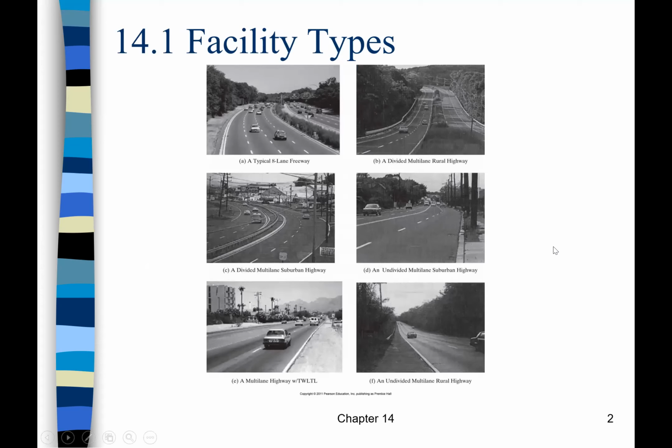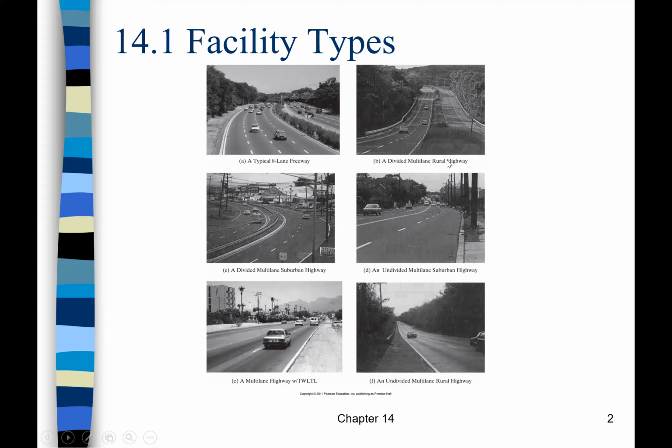Okay, in this chapter, we focus on two broad types of facilities. One is freeway, the other is multi-lane highway. On the top left, the image shows a typical 8-lane freeway, so 4 in each direction.